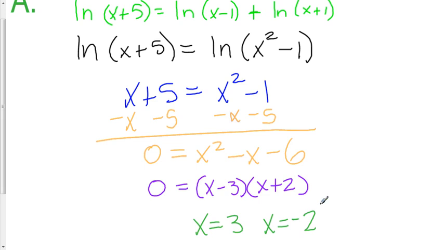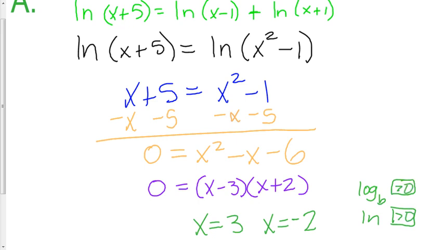And with any logarithmic equation, you need to make sure you check it to see if these actually will be okay in the original problem. Remember, because any logarithm with a base or ln, the domain for it has to be greater than 0.